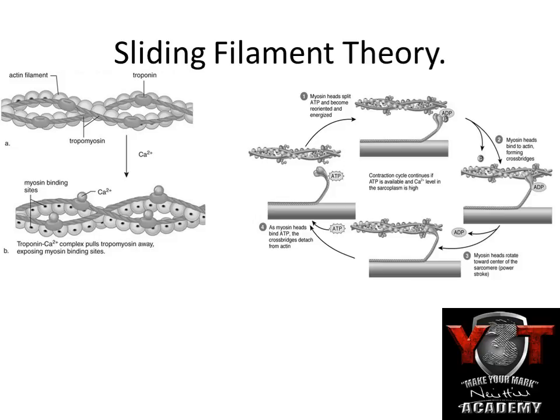What's interesting about sliding filament theory is that it's actually far from complete. The idea's been around for a long time, and now we've finally got microscopy, spectroscopy. We can actually look inside these things and see these proteins, but it's still very difficult to see how they work in reality.